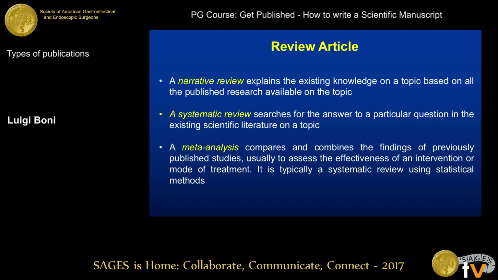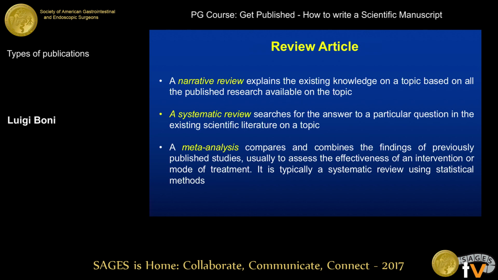So you get all the papers on this, and you describe the results, but usually in a very narrative form. It's not really scientifically written, and it is very rarely accepted by the most important journals in the field.